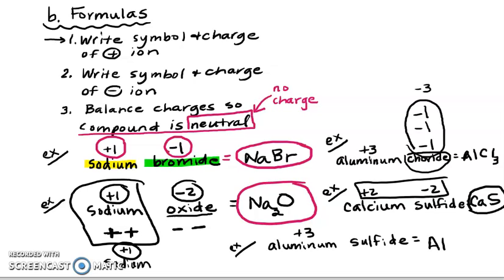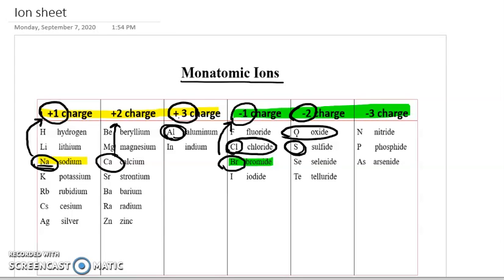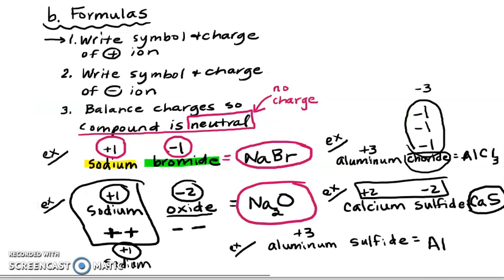And sulfide is S negative 2. How on earth do we get that to equal 0? Right now we have 3 positives and 2 negatives, but I can't just add another sulfide because when I do, all of a sudden I have negative 4. So I add another sulfide, but then I have to add another aluminum.